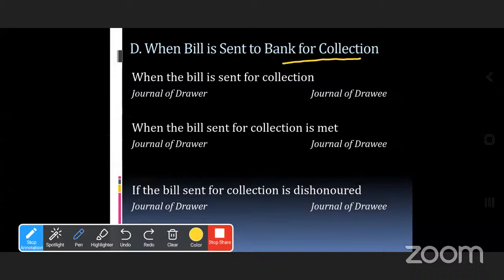It is just sent to the bank for collection, that's all. In discounting of the bill, the drawer will be getting the amount by discounting the bill, but this is not the case. Here we will be sending the bill for collection, that's all.